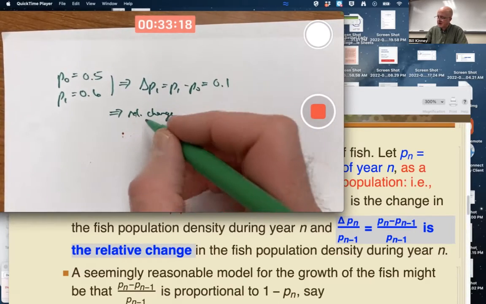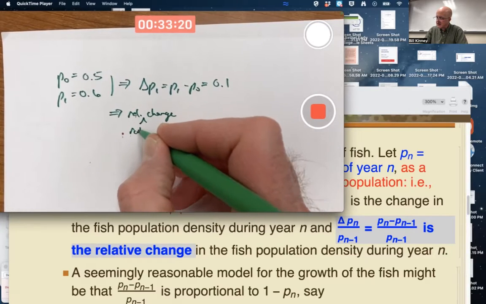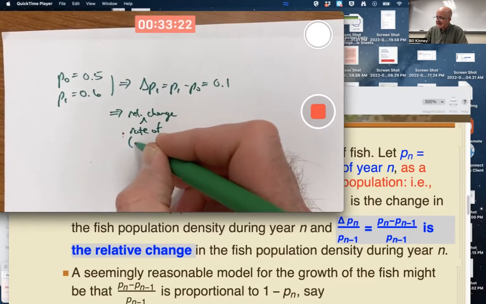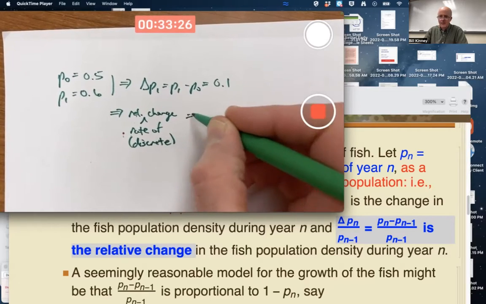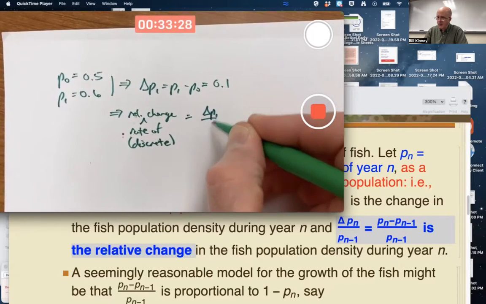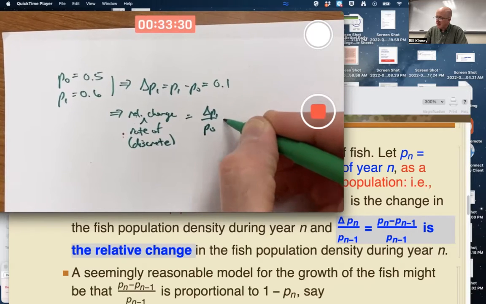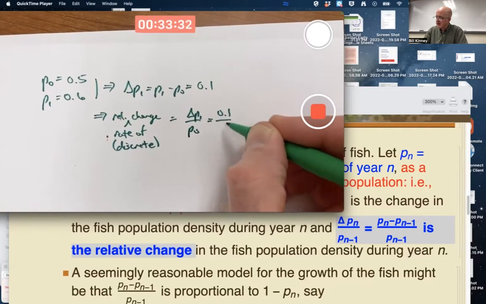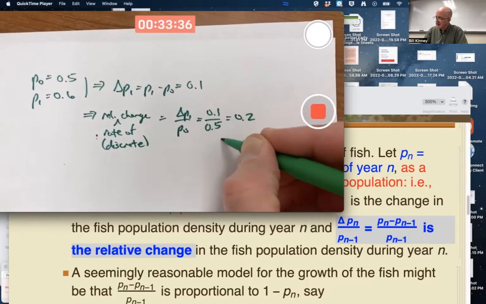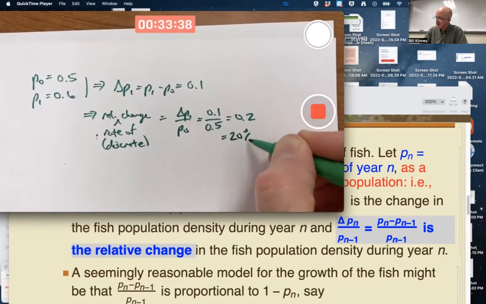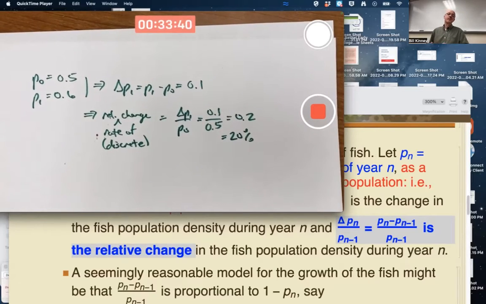Maybe I'll go ahead and make that change. Relative rate of change. It's a discrete rate of change. It would be delta P_1 over P_0: 0.1 divided by 0.5, which is 0.2, which you would commonly write as a percent. That would be 20%. The population grew by 20% from time 0 to time 1 is the idea there.